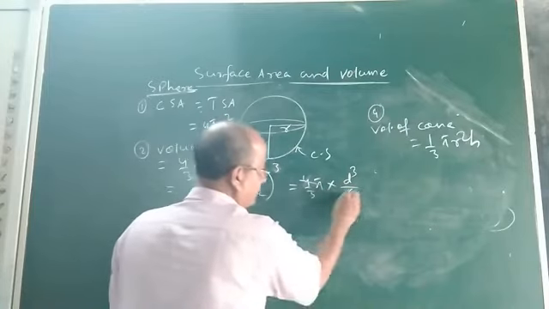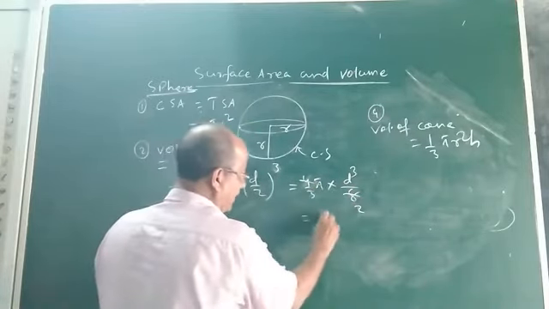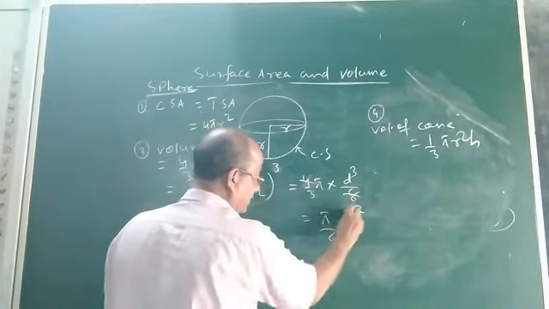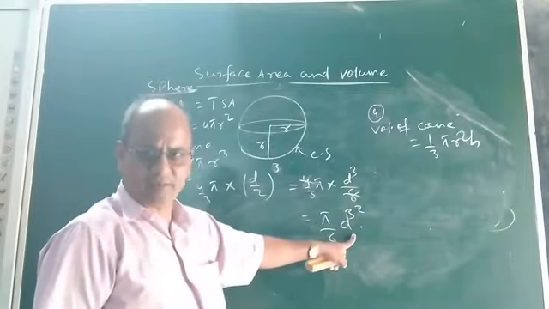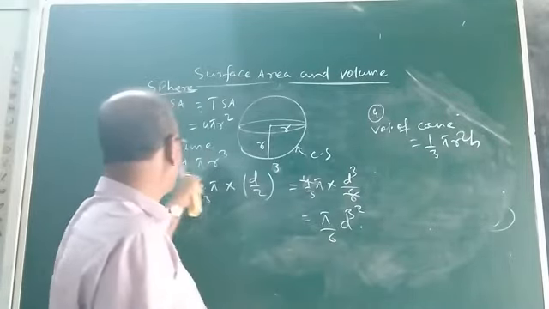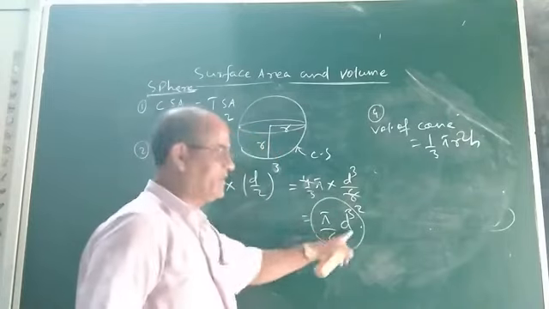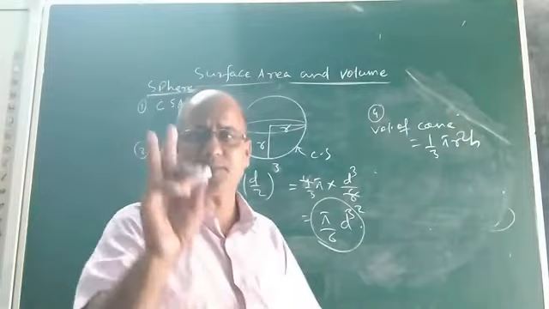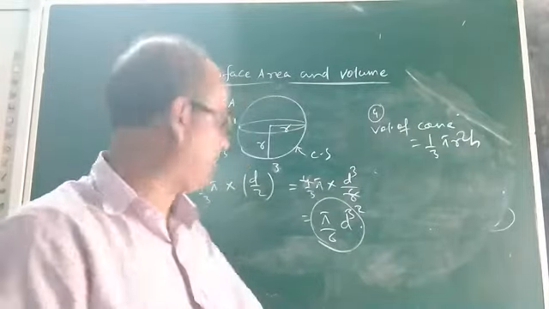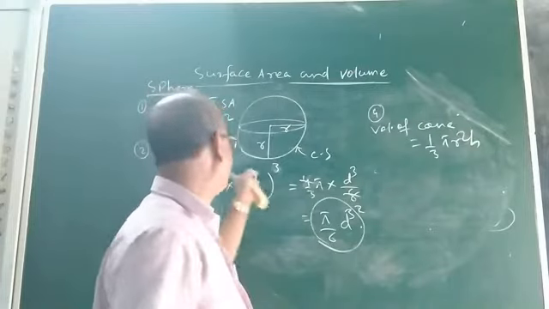You will get pi by 6 d cube. This is another formula. When the diameter of the sphere is given, we can find its volume using pi by 6 into d cube, or pi d cube by 6. So the volume of a sphere can be found using two formulas: pi d cube by 6, and 4 by 3 pi r cube.